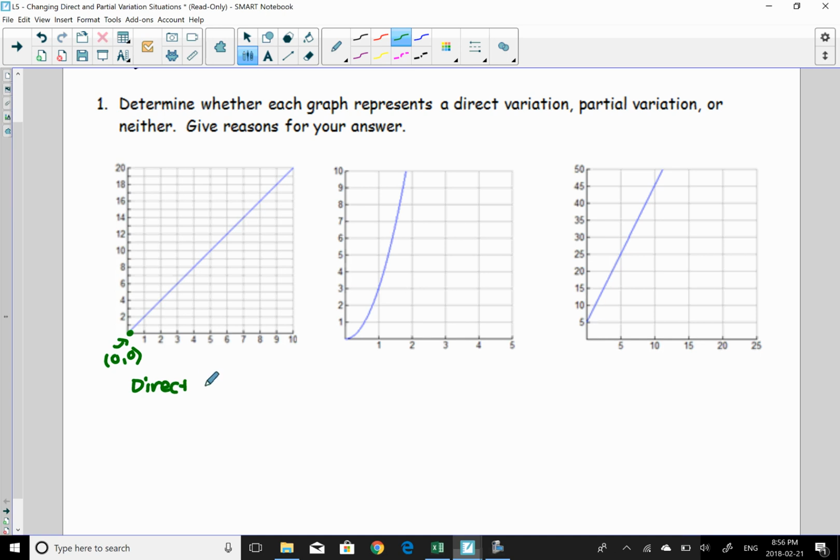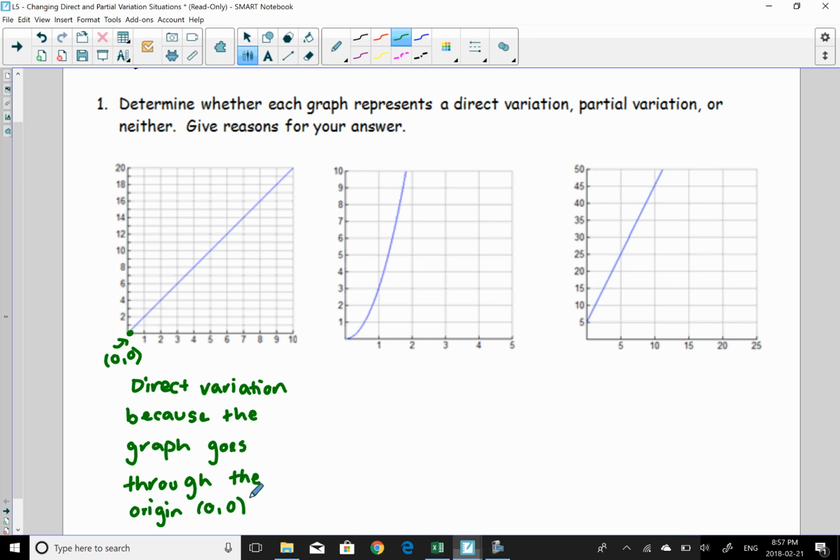So this is a direct variation because the graph goes through the origin. Remember our origin is 0, 0.